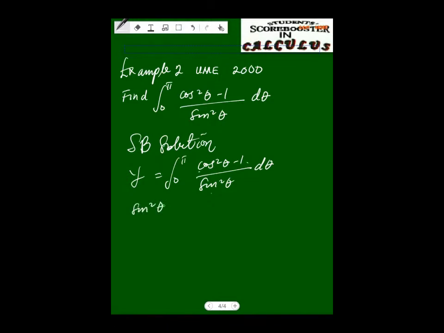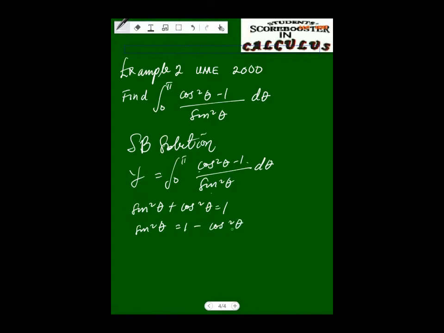Sine squared theta plus cos squared theta is equals to 1. Do you agree with this? You can quickly see that from here I can get this. How? Okay, let's see. I can say sine squared theta is equals to 1 minus cos squared theta.